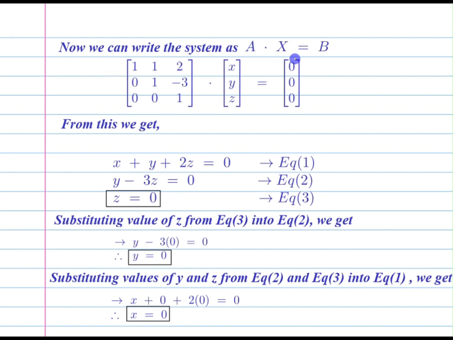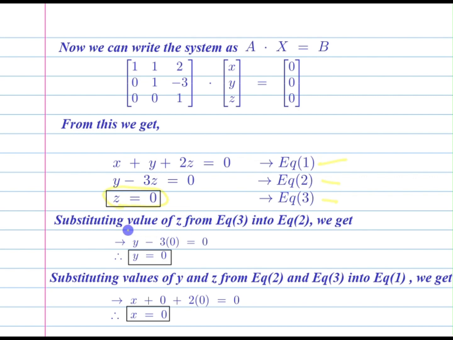We can rewrite the system as [1 1 2; 0 1 -3; 0 0 1] multiplied by [x y z] equal to [0 0 0]. From this we can get x plus y plus 2z equal to 0 as equation 1, y minus 3z equal to 0 as equation 2, and z equal to 0 as equation 3.